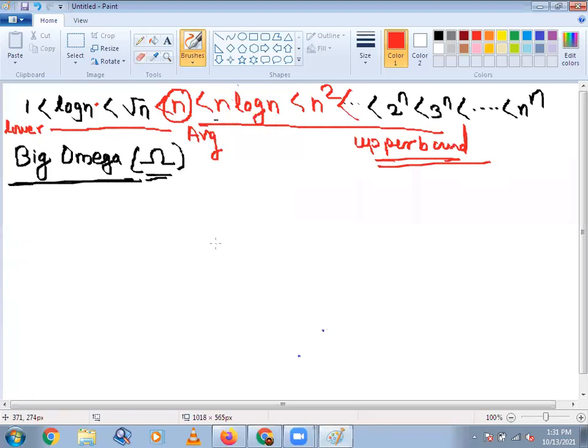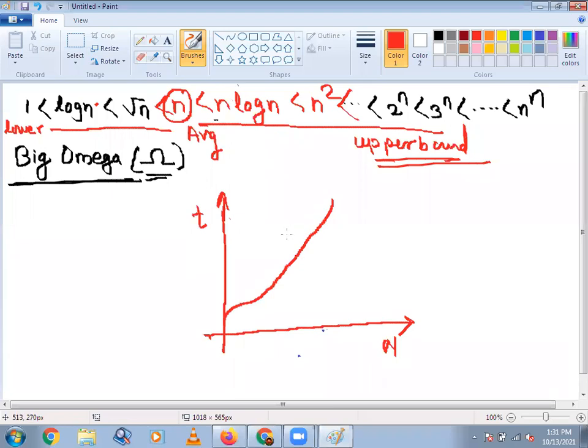Suppose someone wants to draw a graph, then this is the y-axis, this is the x-axis, here n, here time t, then function f of n goes to this side, whereas the function g of n goes here.